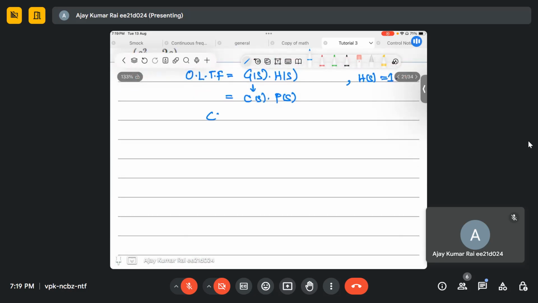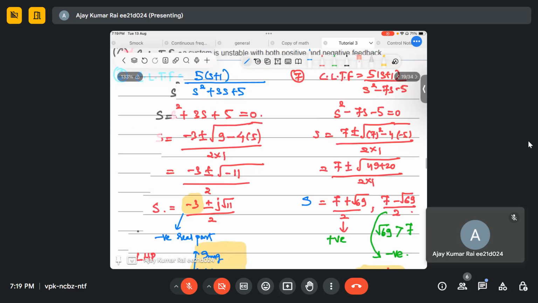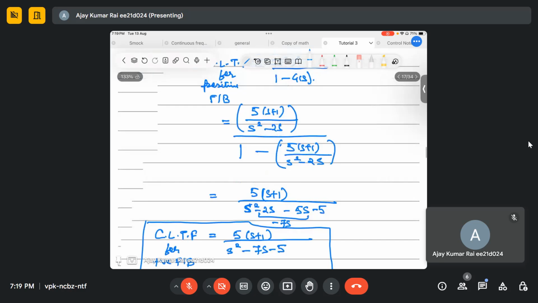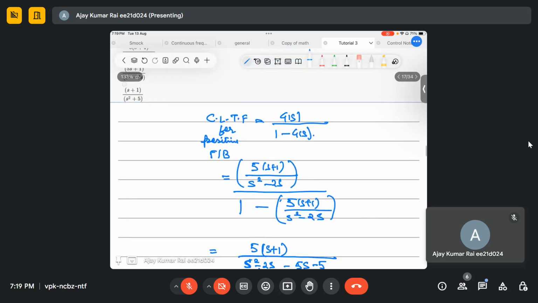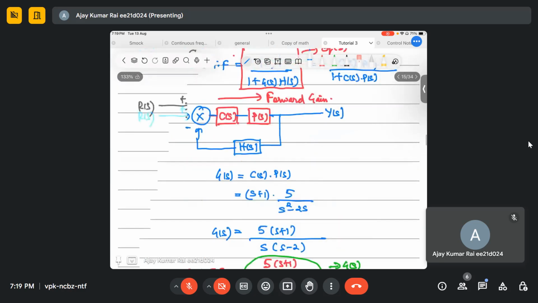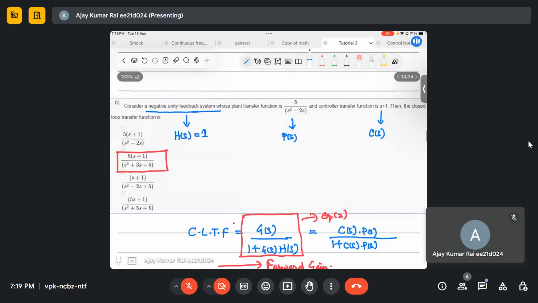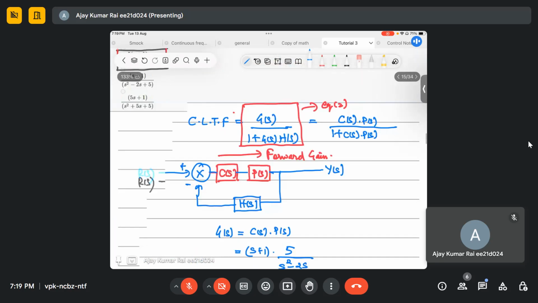So C(s) was equal to s plus 1, and P(s) is 5 by s square minus 2s. Let me check again. It is 5 by s square minus 2s and s plus 1.